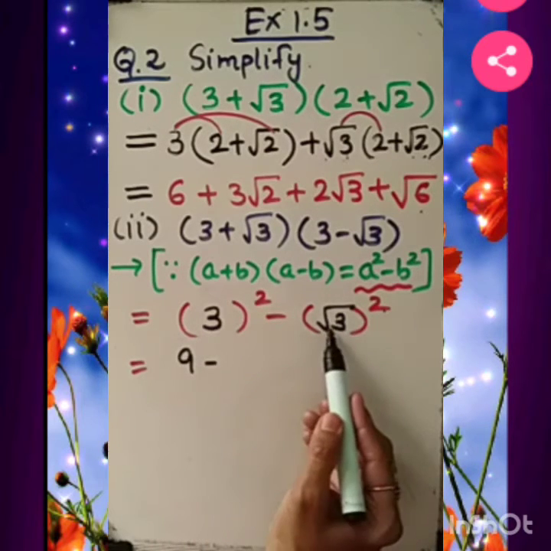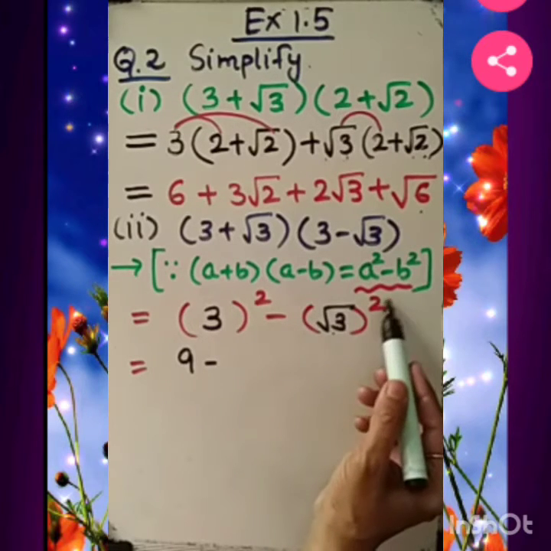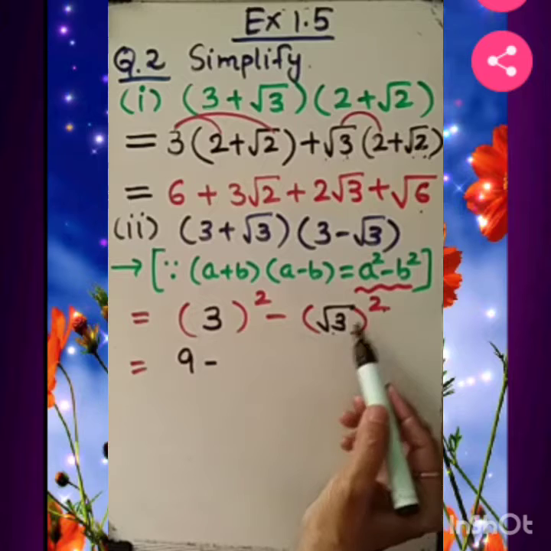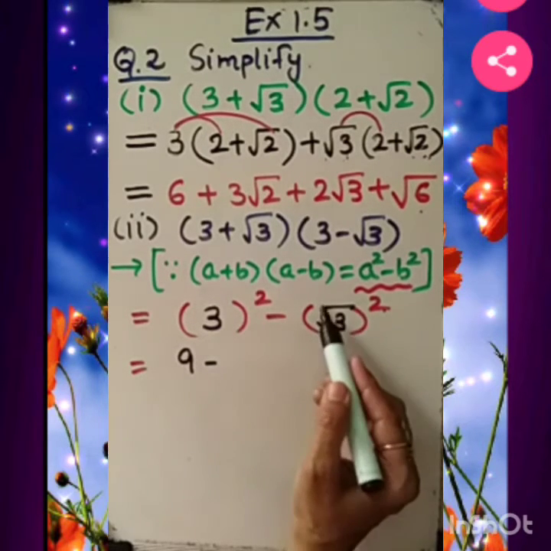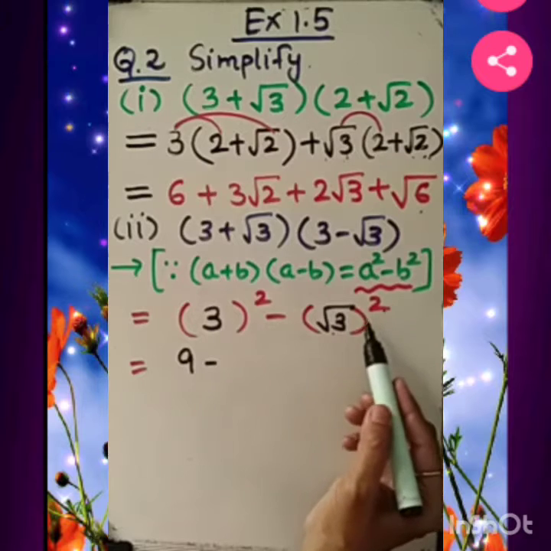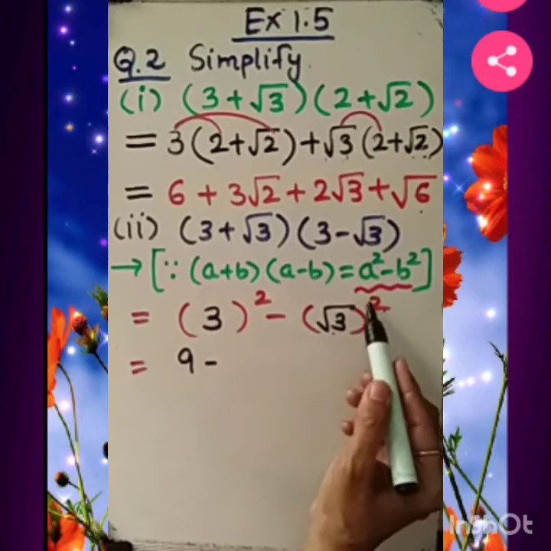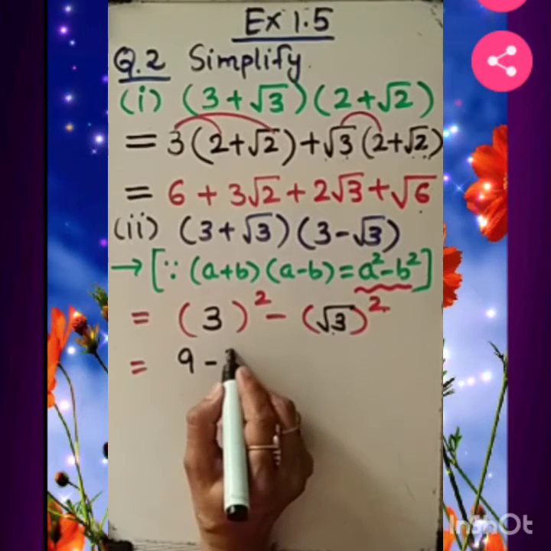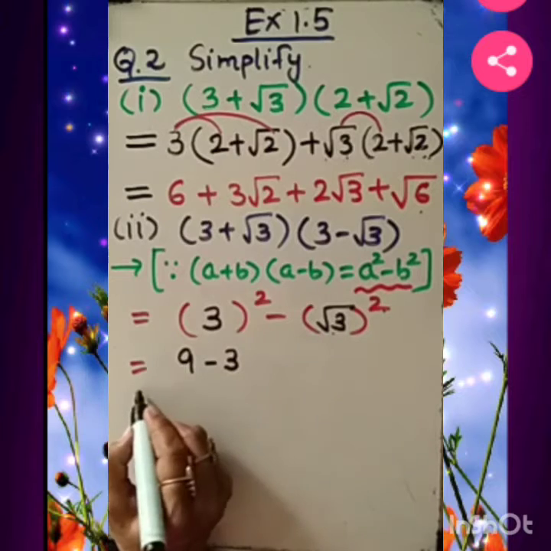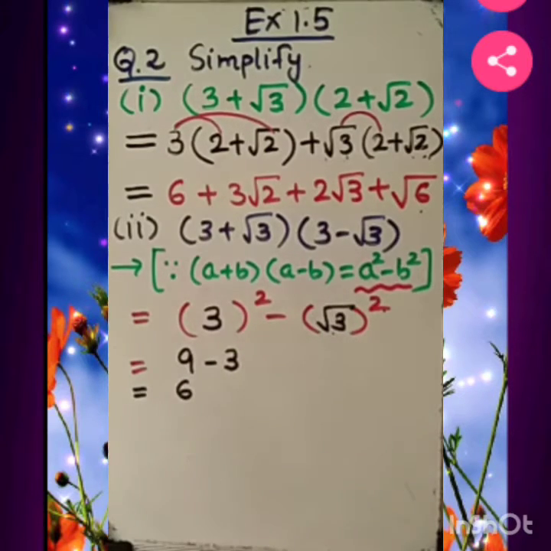Always remember, dear student, root 3 whole square: the square and the square root will cancel, but we should not write it like that. The square root of a square cancels, so here we will have only 3. So 9 minus 3 is 6. So the answer is 6.